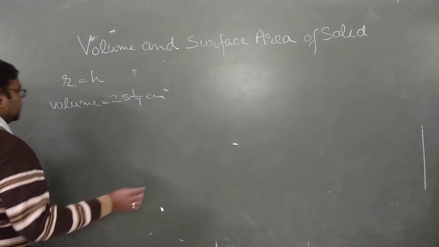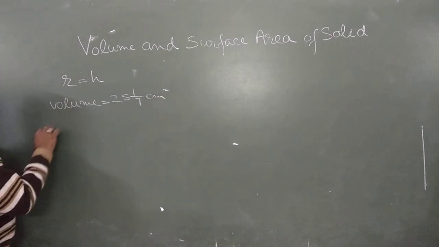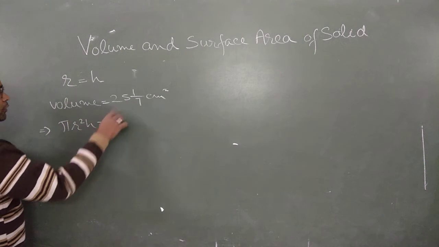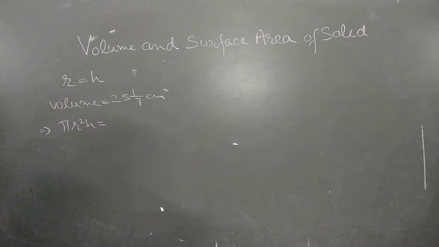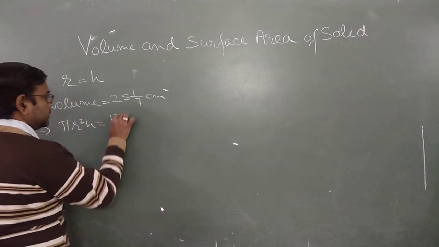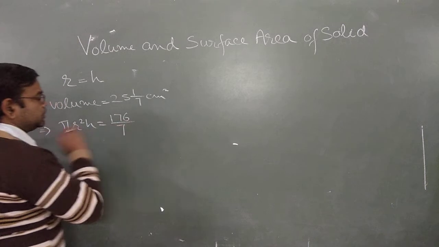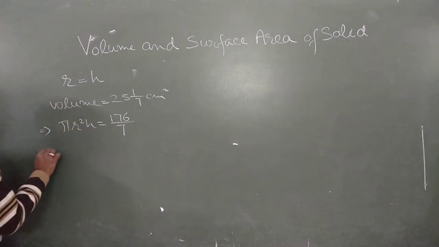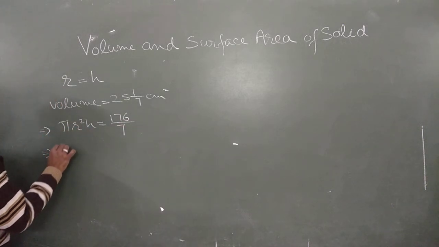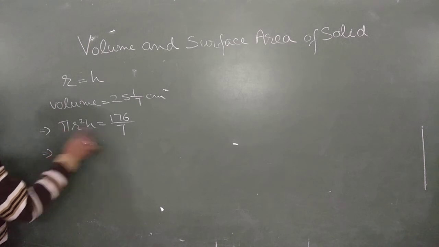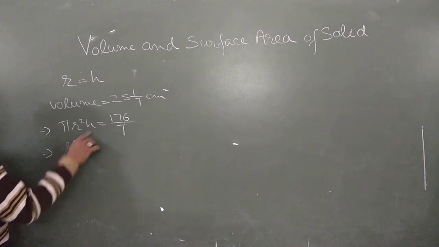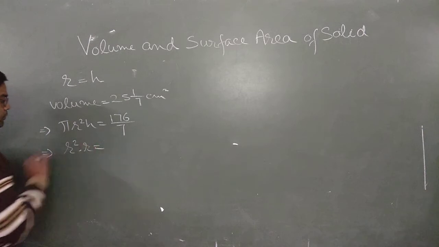From this we can easily find out, as we know, volume is pi r square h equals 25 sevens are 175, plus 1 is 176 upon 7. From this we can say that we shift pi that side and we have r square, and in place of h we can write r also.